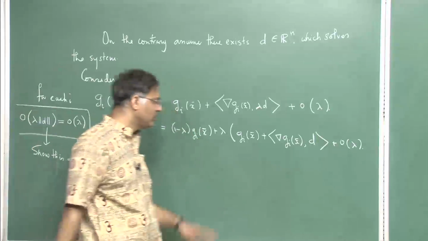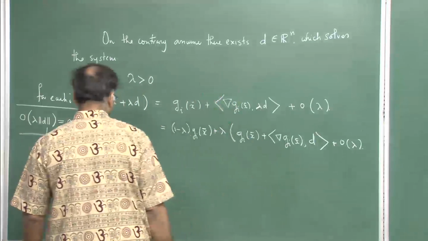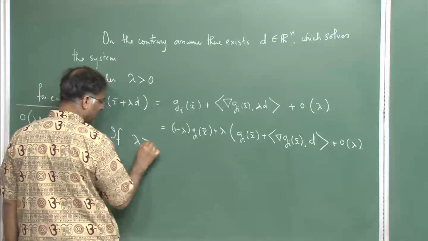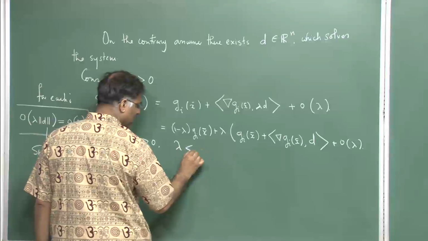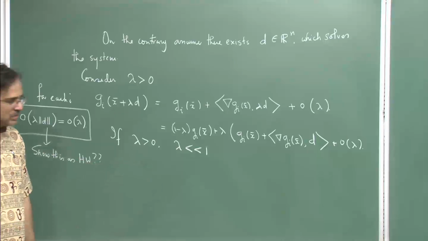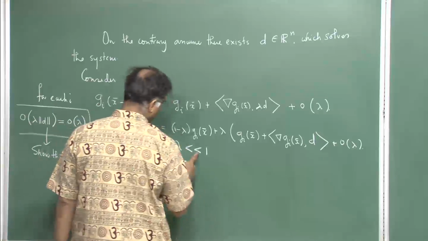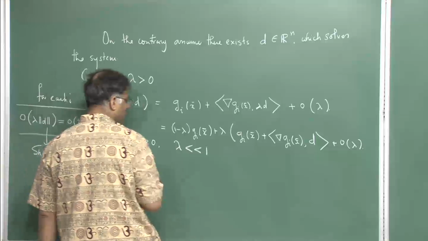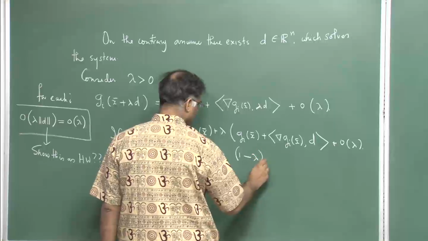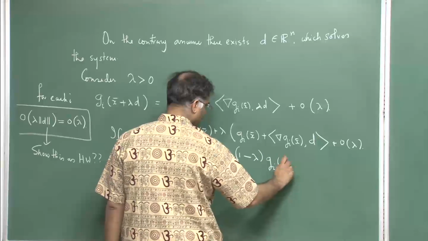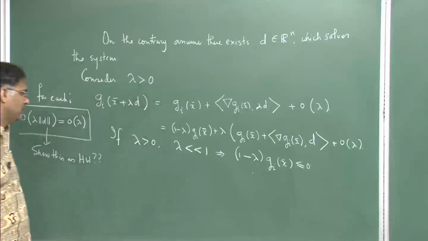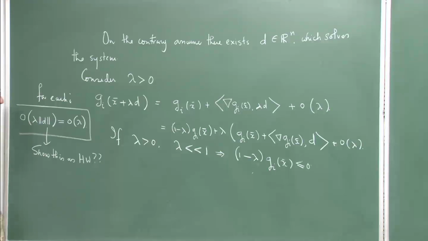So if lambda is greater than 0 and sufficiently less than 1, that is very near 0, then 1 minus lambda times Gi of x bar is less than or equal to 0, because 1 minus lambda becomes positive.